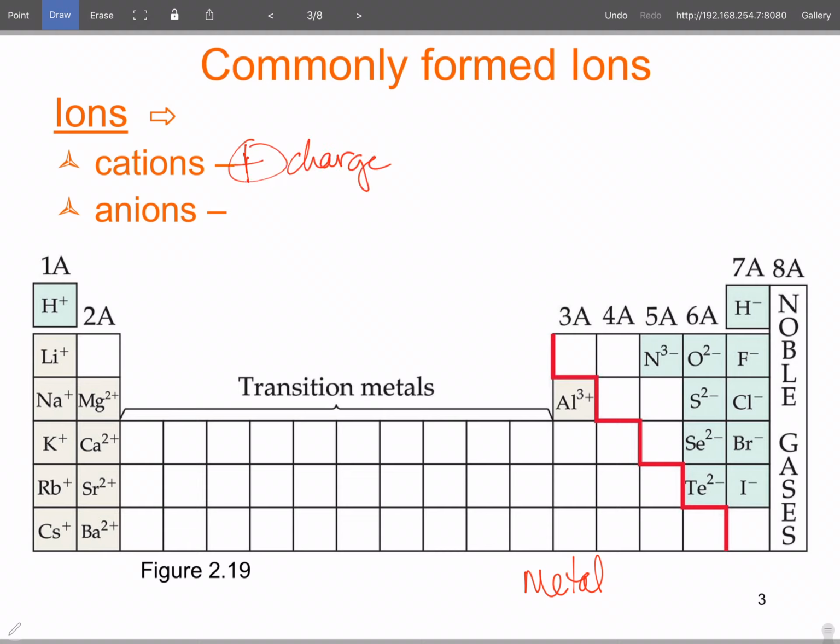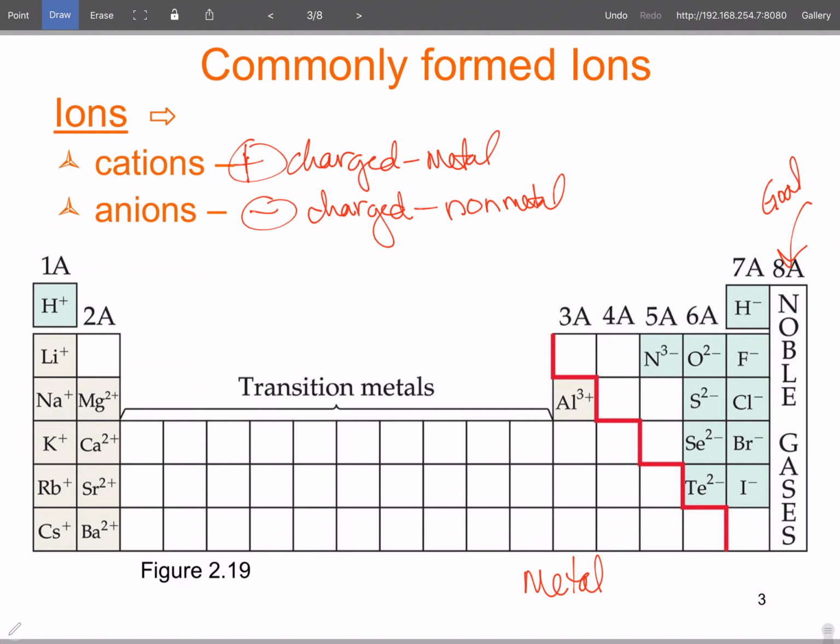They tend to be metals. Anions are negatively charged, which means they've gained electrons. So those tend to be nonmetals. And when you look on the periodic table, the goal is to reach noble gas.